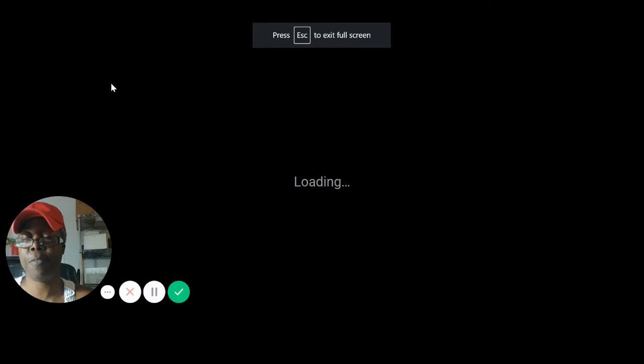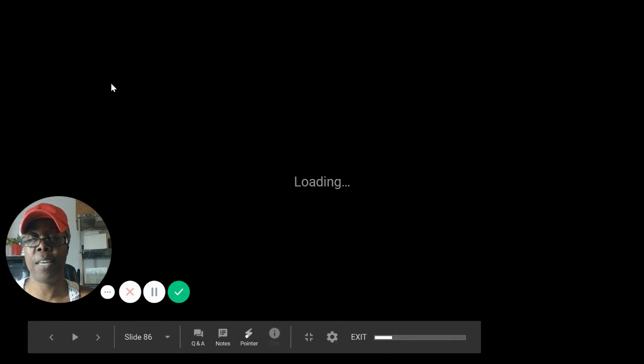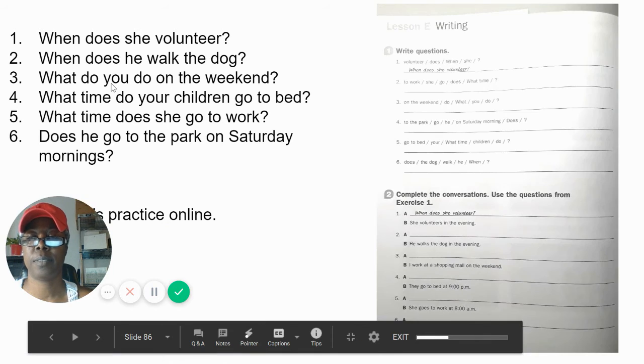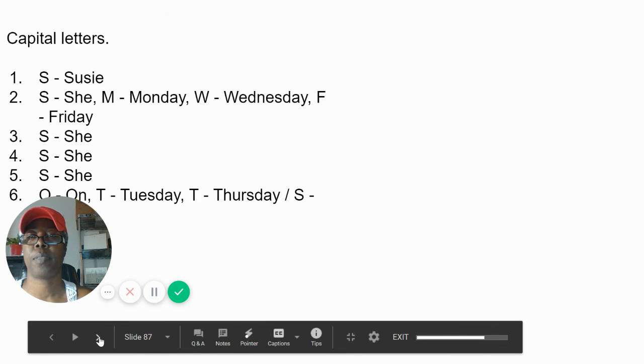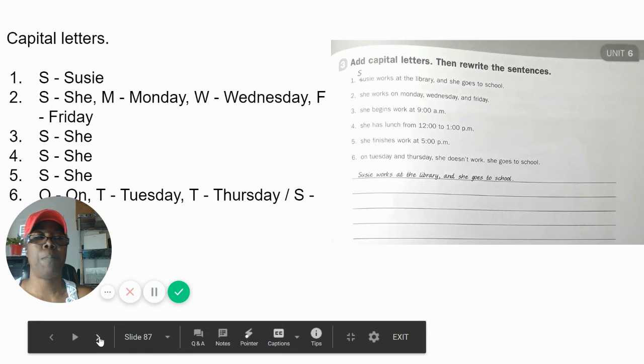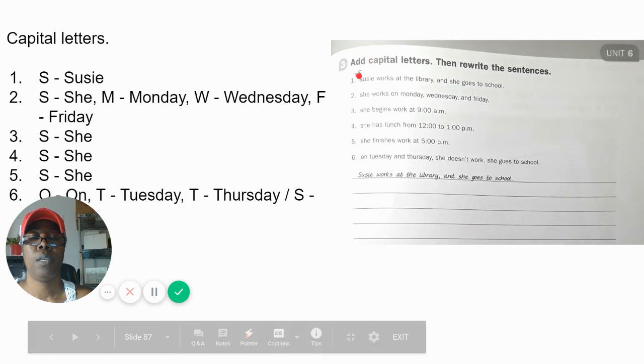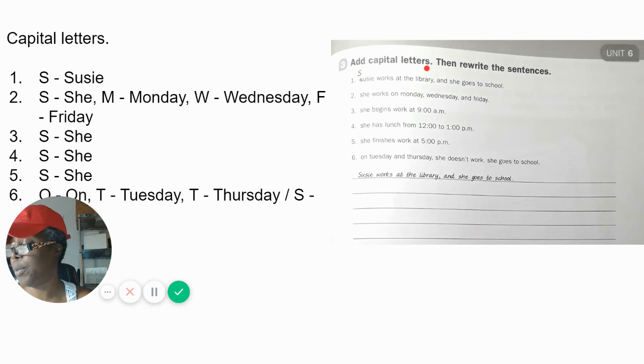Page 75, page 75 in our workbook. So on page 75, we are asked to add capital letters, then rewrite the sentences.